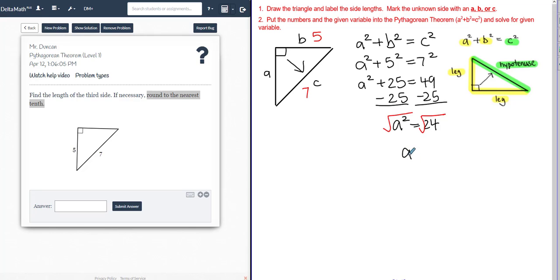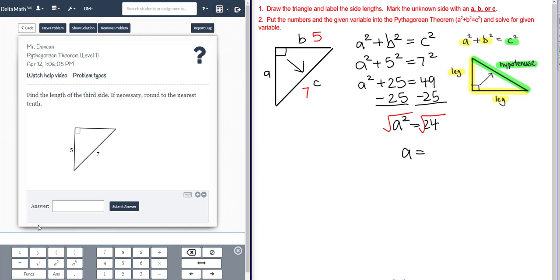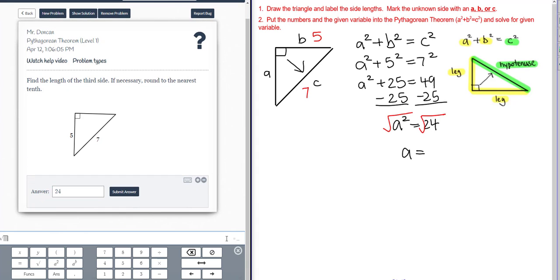And so all we have to do is figure out what Delta Math says that it is equal to. The instructions do say round to the nearest tenth. So I'm just going to grab my calculator, square root, and I'm going to put in 24. Okay, wrong spot.